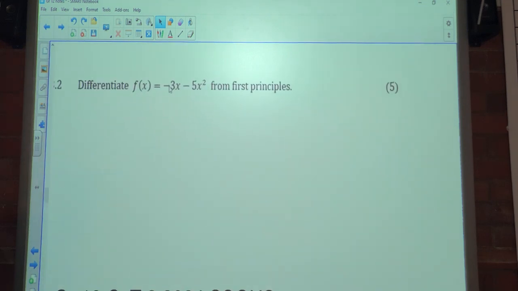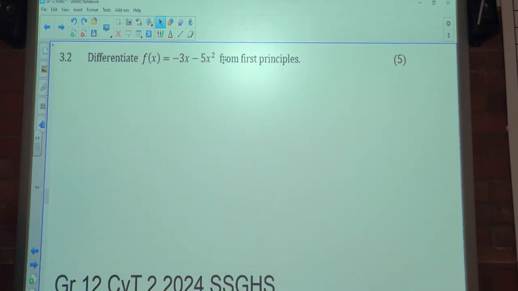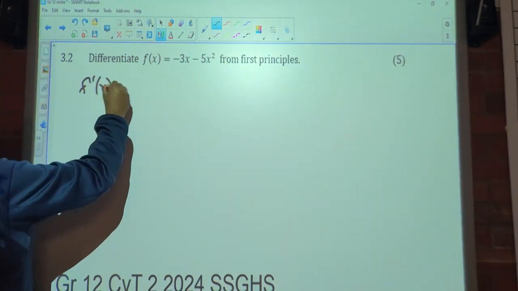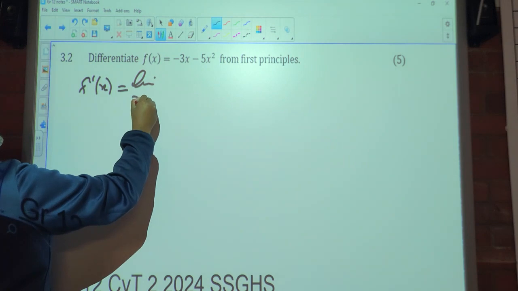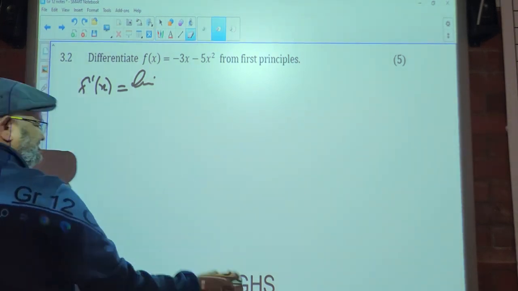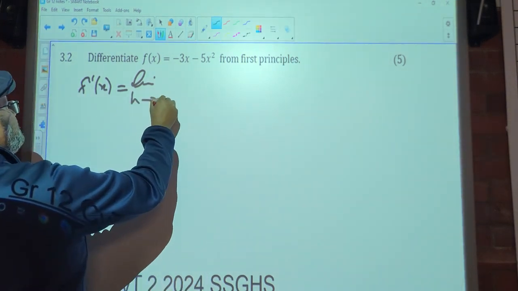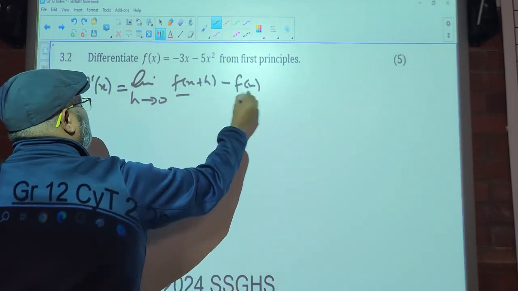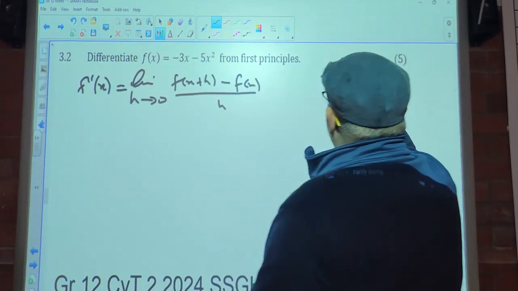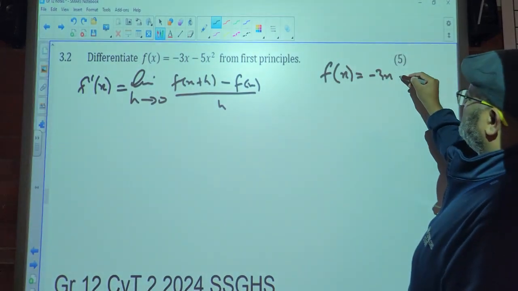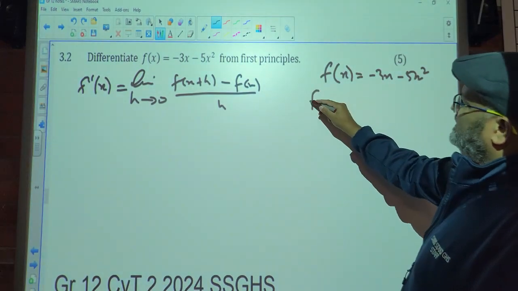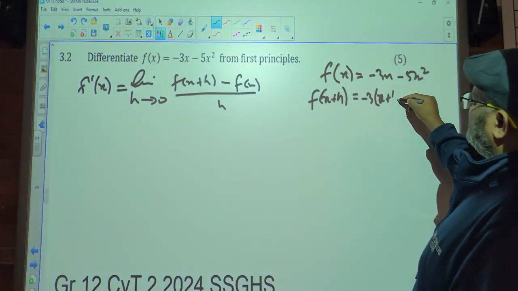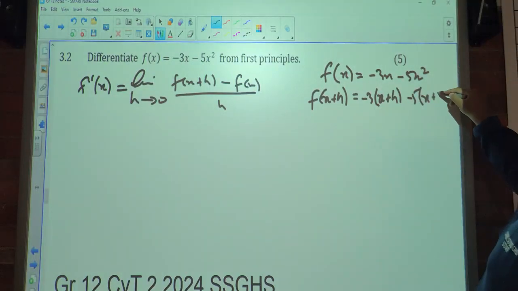The question says differentiate from first principles. We know we're going to use the formula f prime x equals the limit as h approaches 0, sorry, of f of x plus h minus f of x, and this all over h. So if f of x is equal to negative 3x minus 5x squared, then f of x plus h is simply negative 3 into x plus h minus 5 times x plus h all squared.